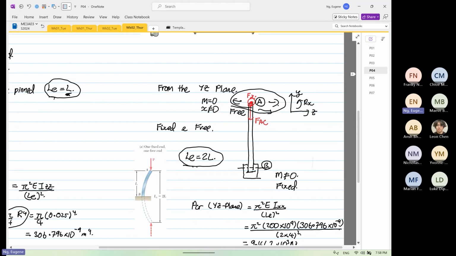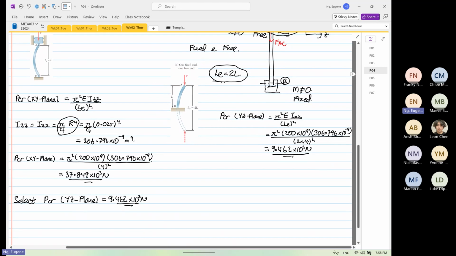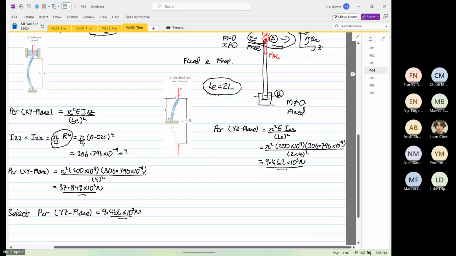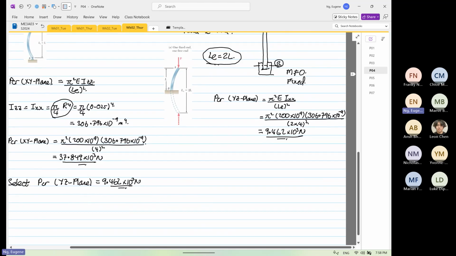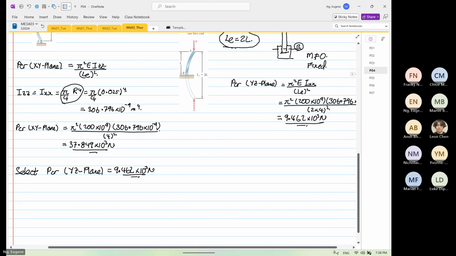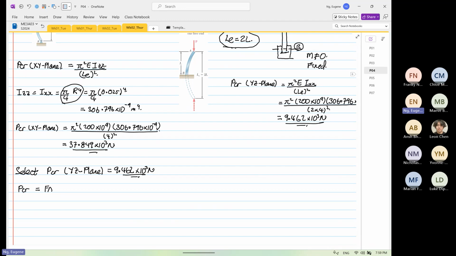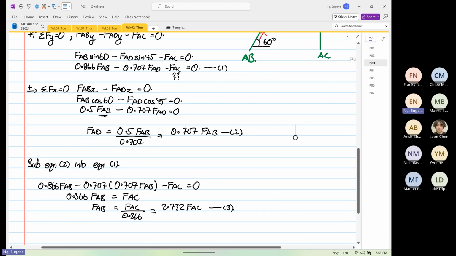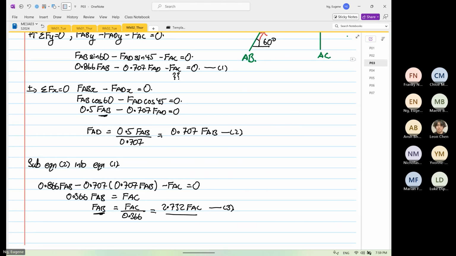From here, we know our P critical, and our P critical for this case is also equal to our FAB. So we have found a relationship for our FAB, which is equal to 2.732 FAC.